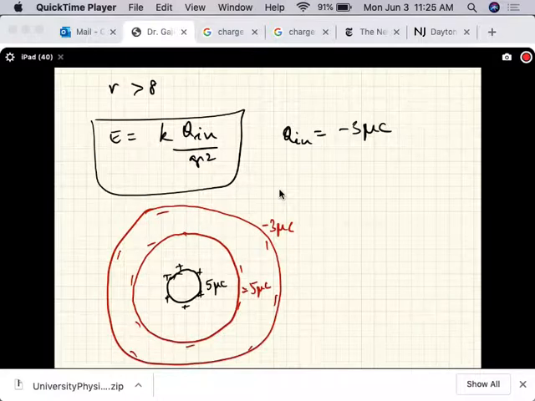All right, so here's the charge distribution, and you want to find the electric field everywhere.